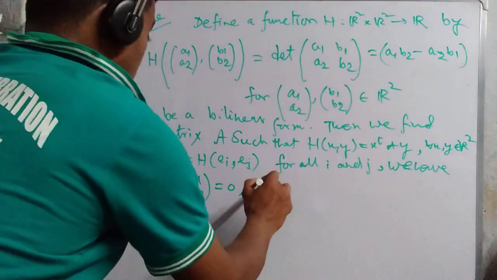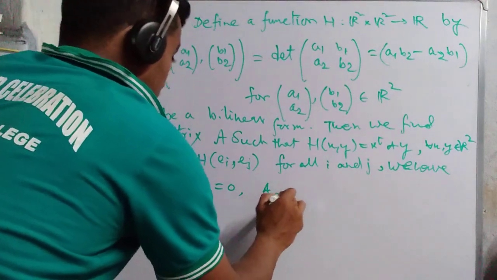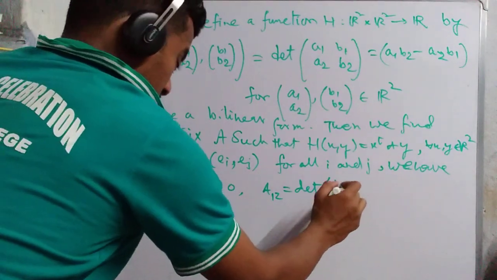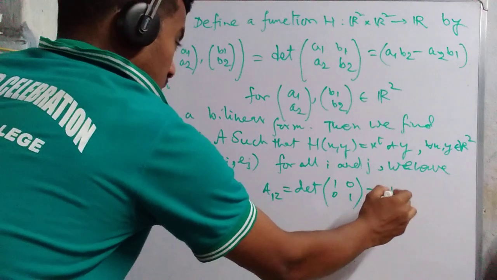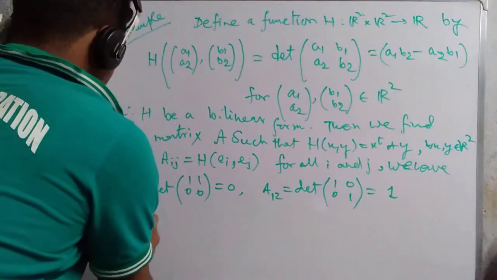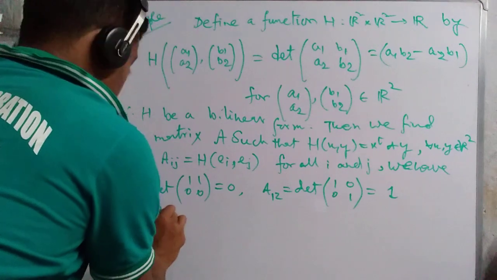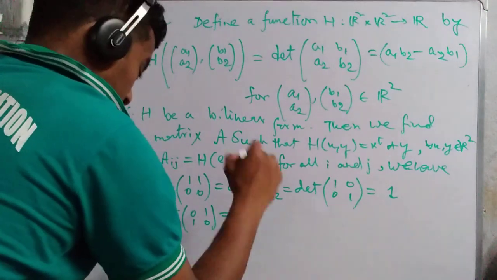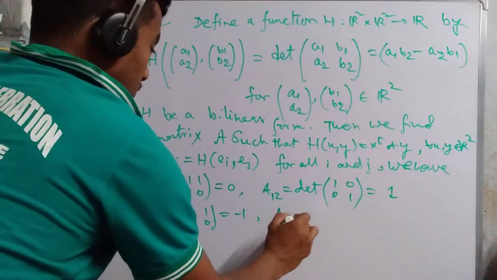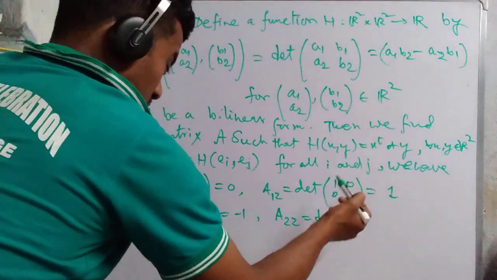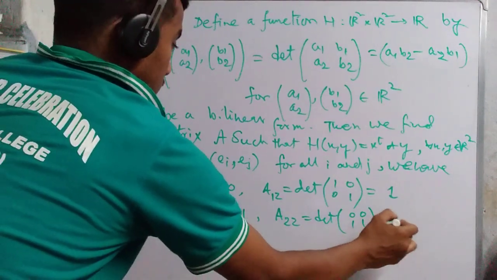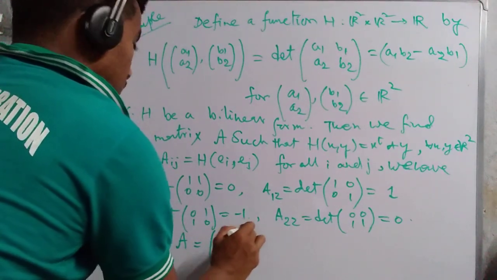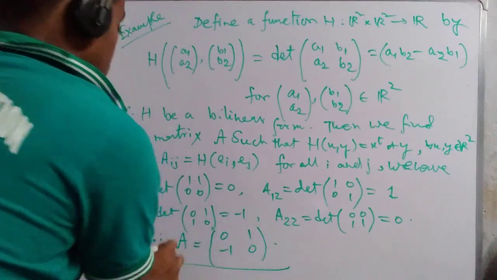Understood? And a12 equal to det of (1,0),(0,1), which equals 1, and a21 equal to det of (0,1),(1,0), which equals -1. Okay, and a22 equal to det of (0,1),(0,1), which equals 0. So therefore A equals the matrix 0 1, -1 0.